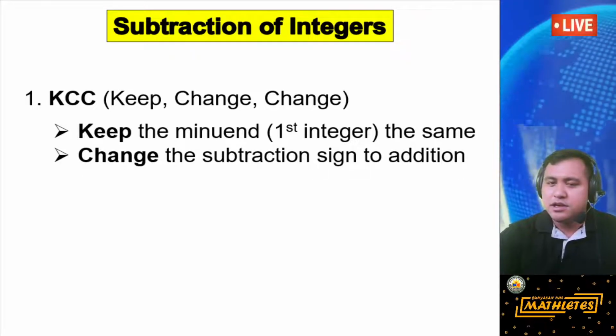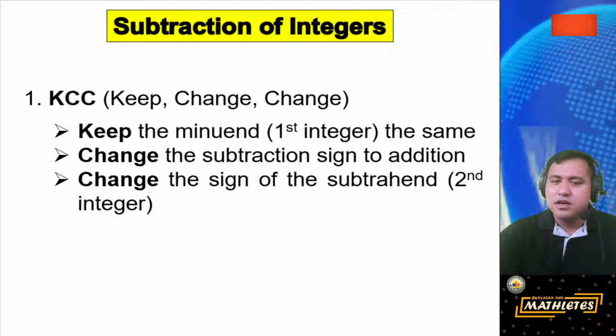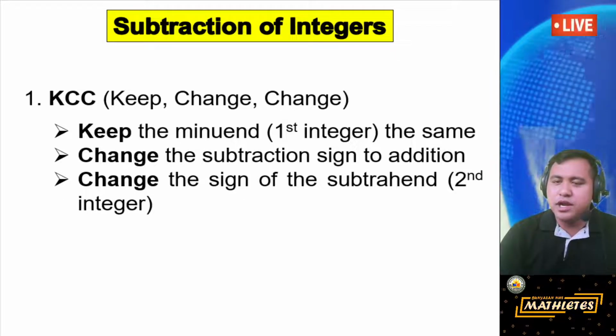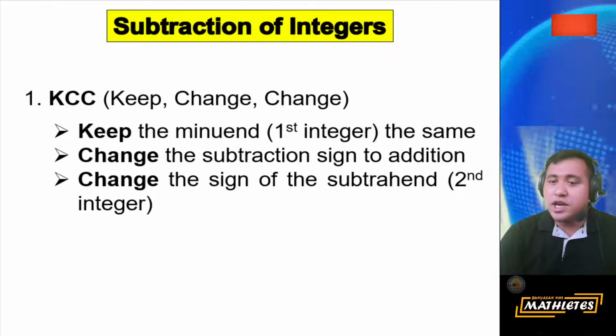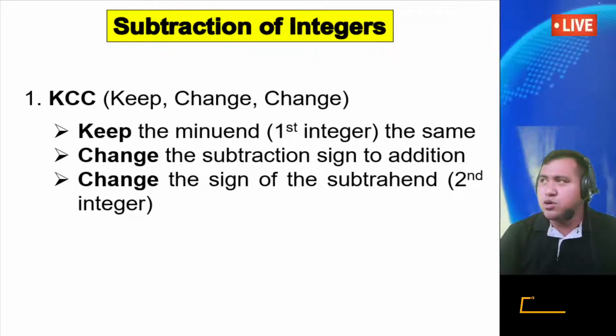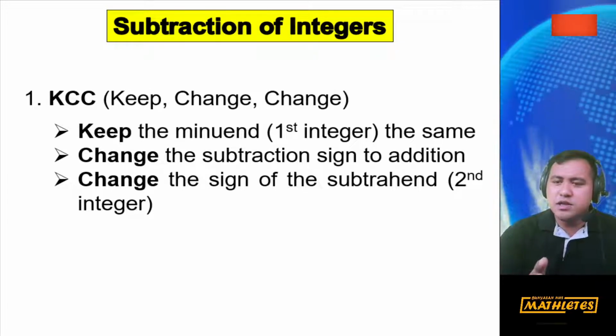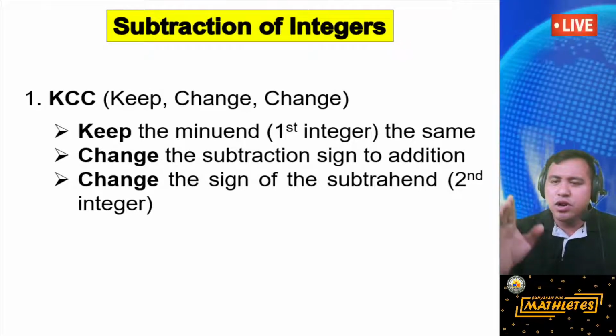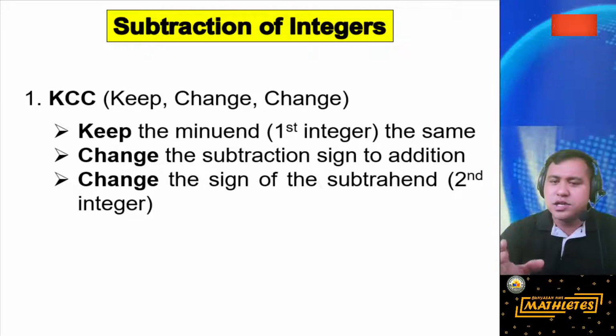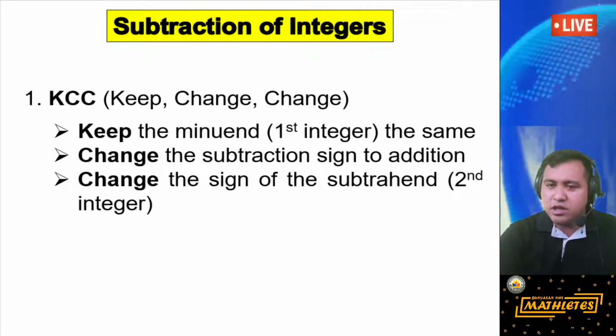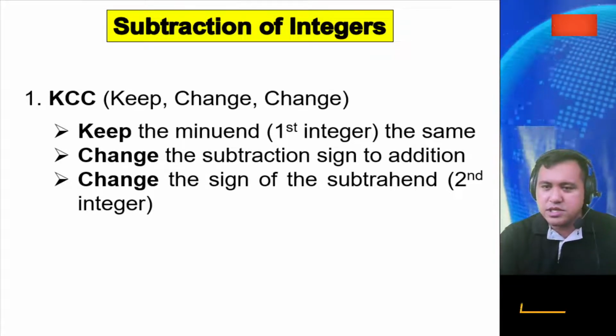Then change the sign of the subtrahend, the second integer. So if our subtrahend is positive, you are going to change it to negative. If it is negative, change it to positive.